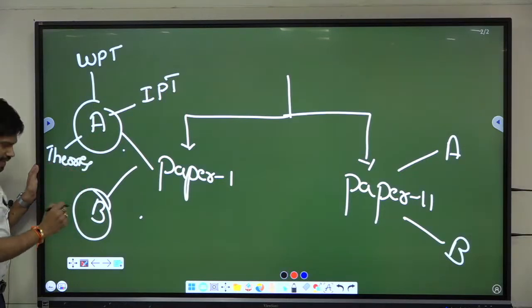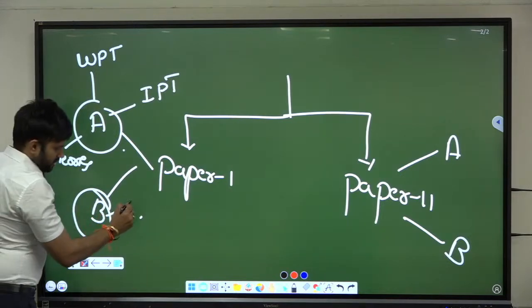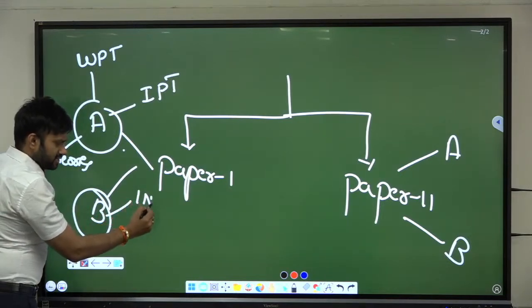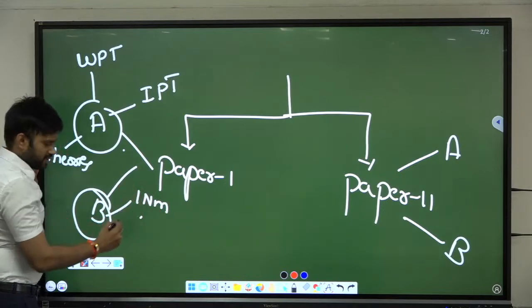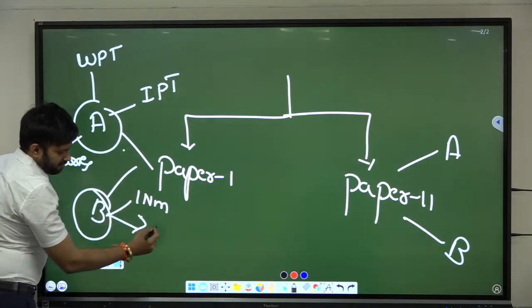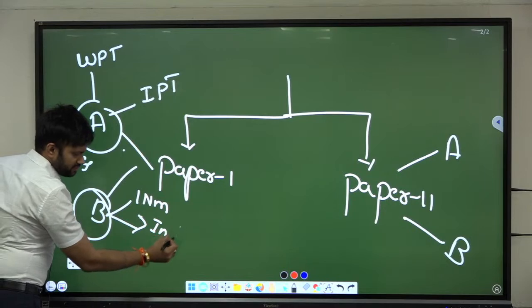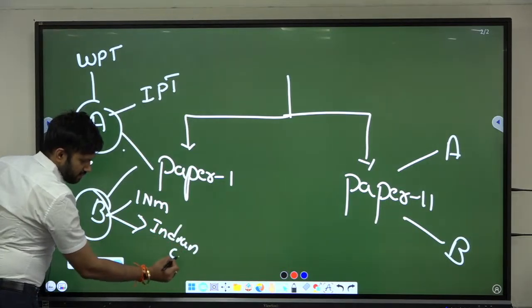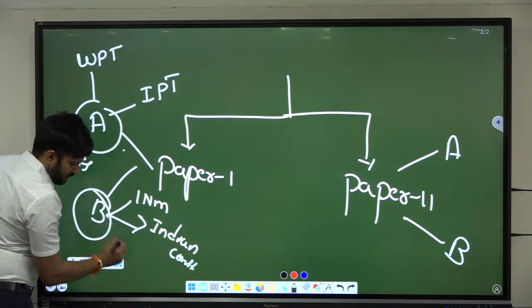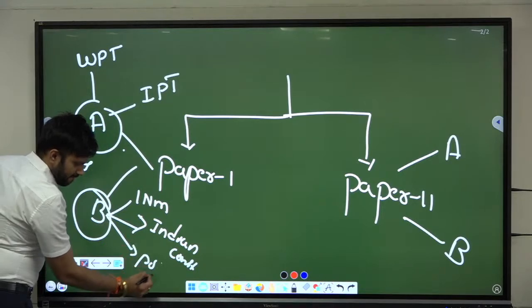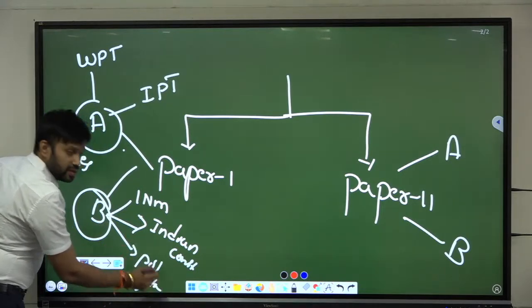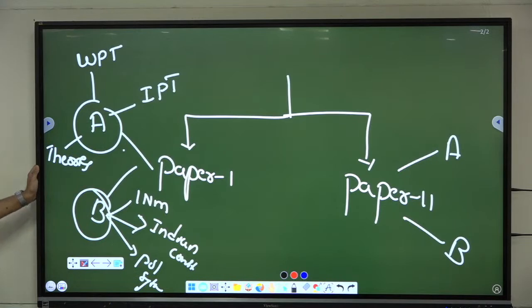And part B, you have the Indian national movement, one aspect of it, then you have the Indian Constitution, and third you have the Indian political system. Broadly that covers political parties, pressure groups, etc.